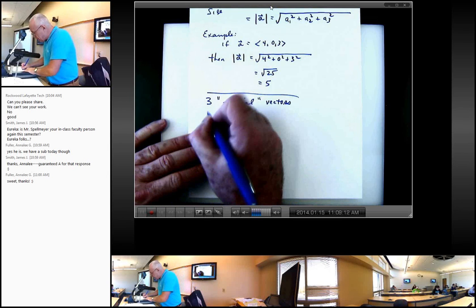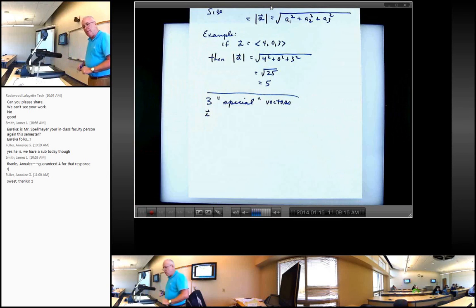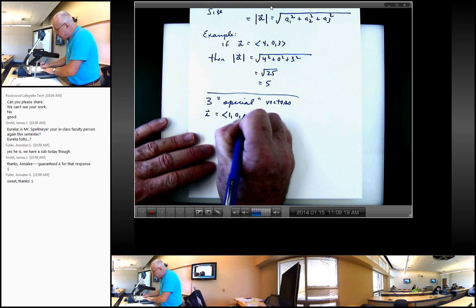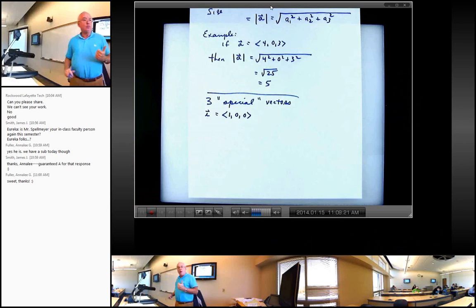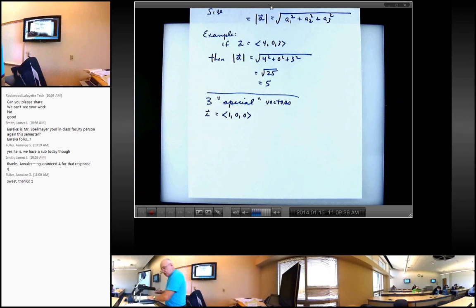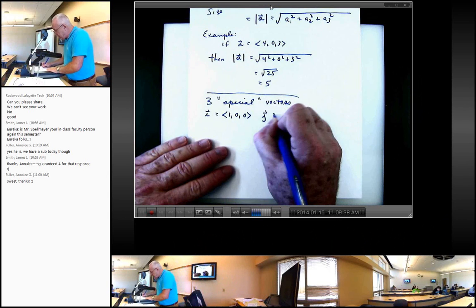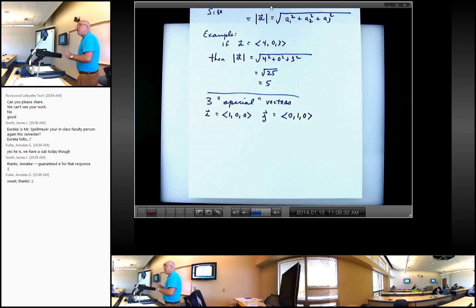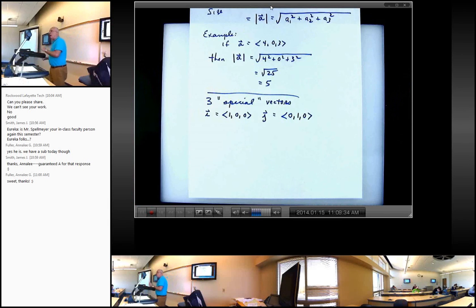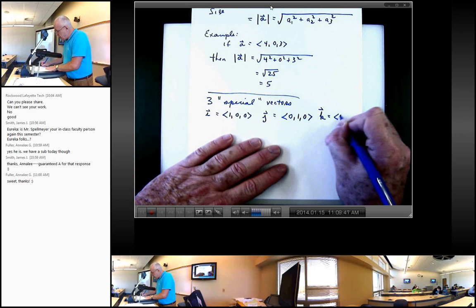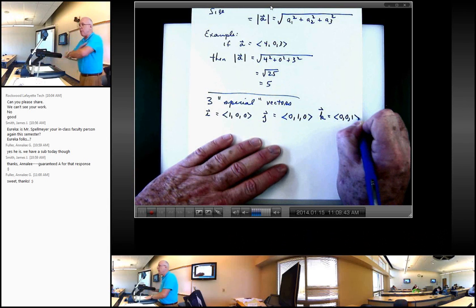The vector i, with an arrow above it, is equal to ⟨1, 0, 0⟩. So our x is 1 and our two others are 0. j, with an arrow over it, is the vector ⟨0, 1, 0⟩. So the x and z parts are 0, but the y is 1. And then k, with an arrow over it, is ⟨0, 0, 1⟩ in brackets.